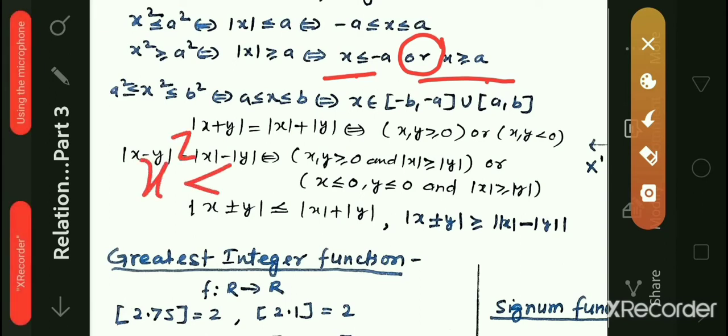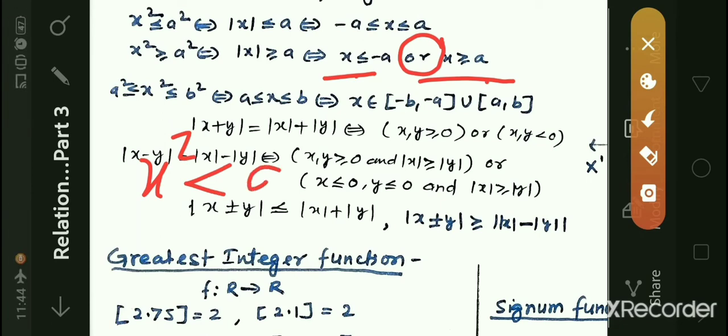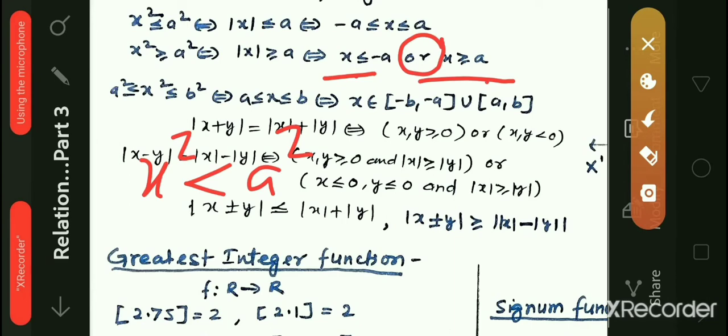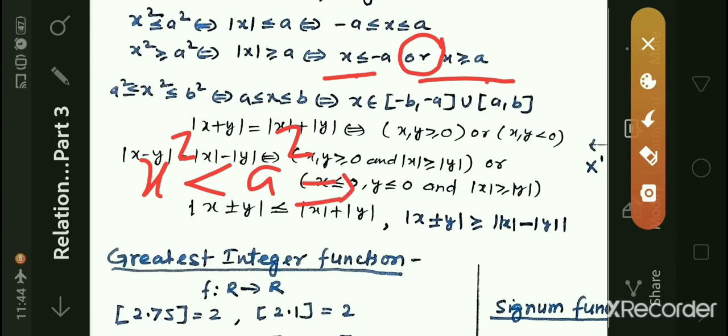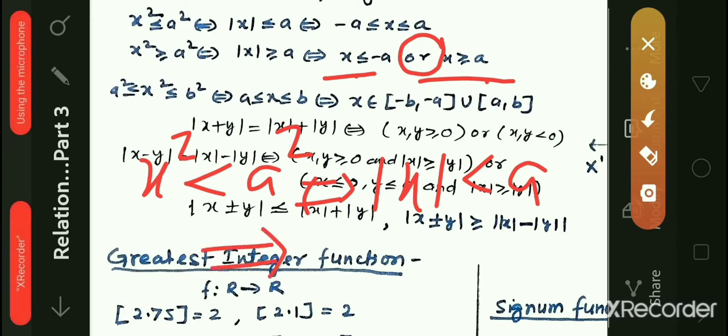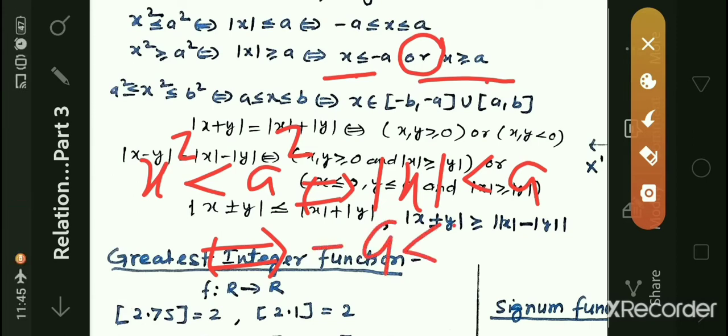Similarly, we can write properties containing the less than symbol. x square is less than a square implies and is implied by mod of x is less than a, and this implies and is implied by minus a is less than x and x is less than a.